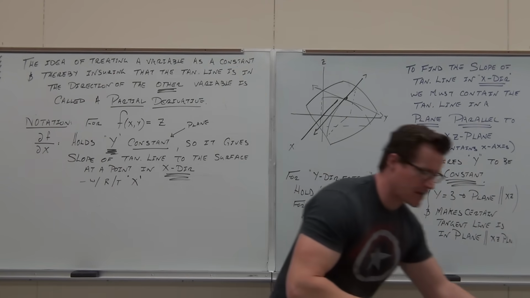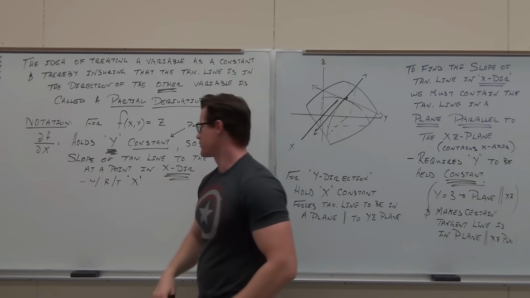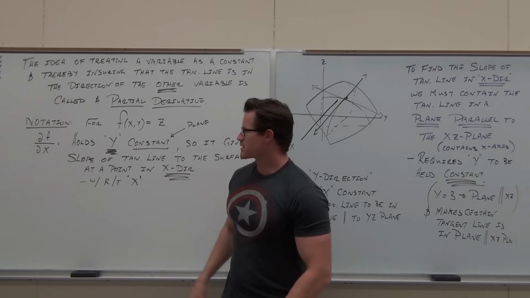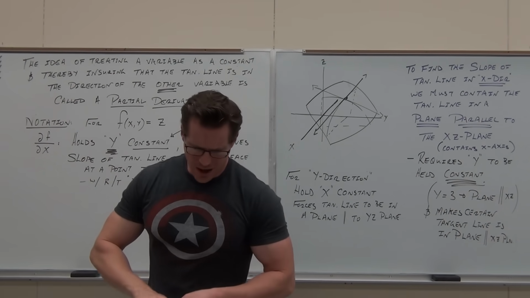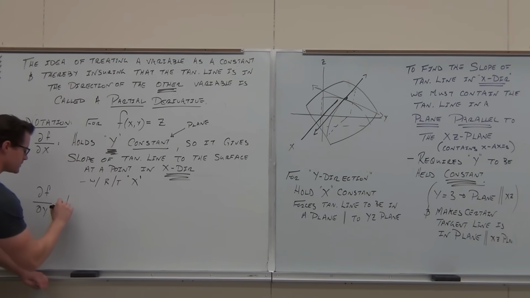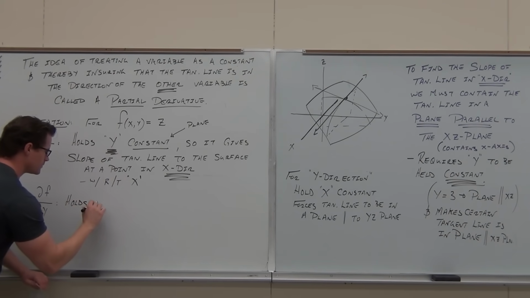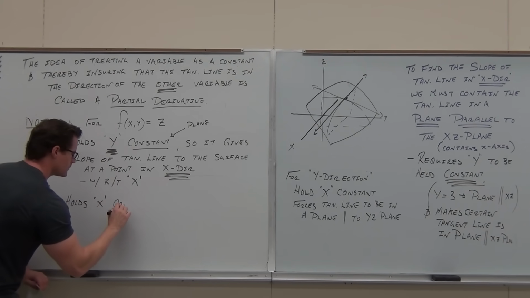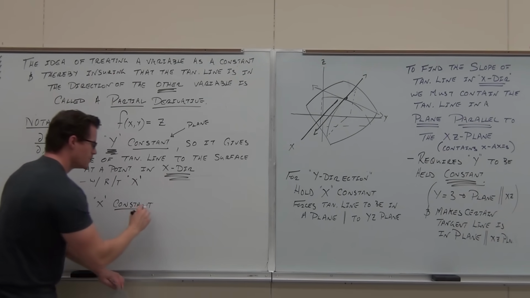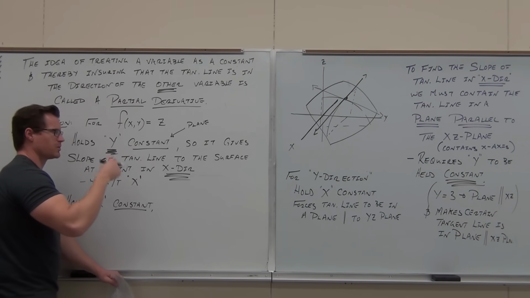We're restricting it to that particular level curve. And it's in the x direction, we say with respect to x. That's how that's said. The y is very similar. It's just opposite. So the partial of f with respect to y, this holds x constant. Of course, that puts it in a plane. So it gives the slope, not direction.